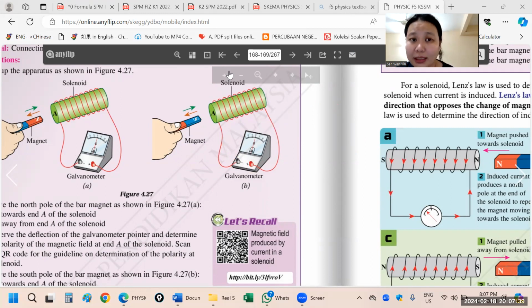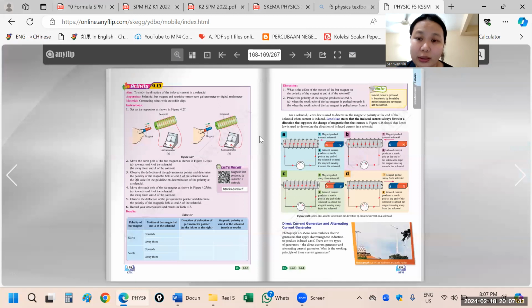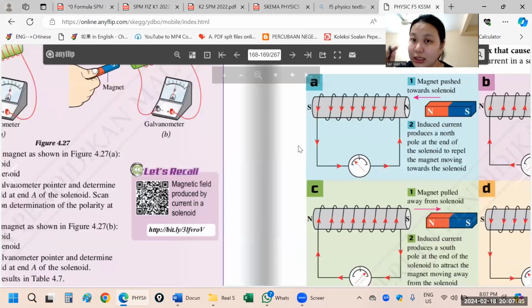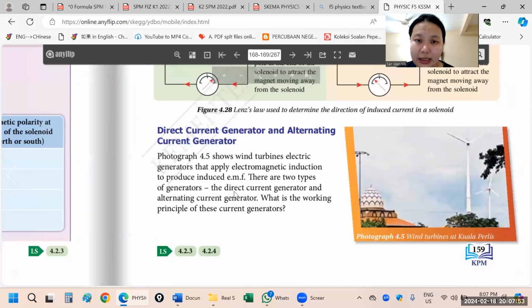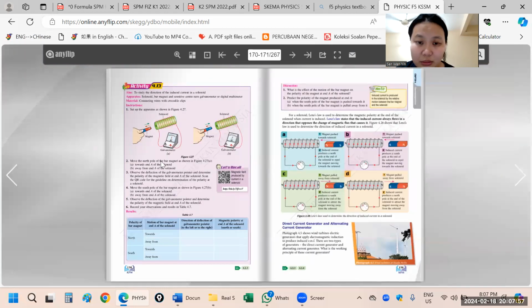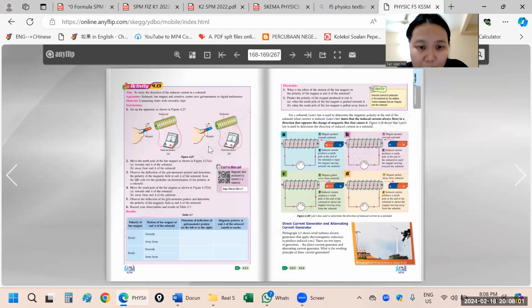Last time I was in matrix, yes, wow, they asked a lot. And they really teach how to see the direction, how to see the deflection. Okay, now direct current, see, they never show properly. Never show, just one page only.